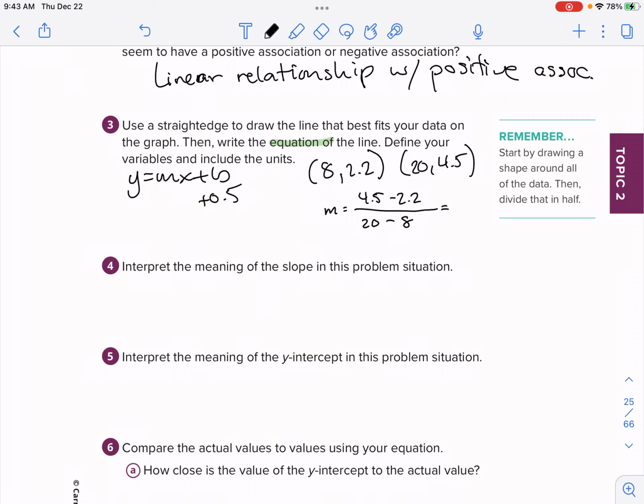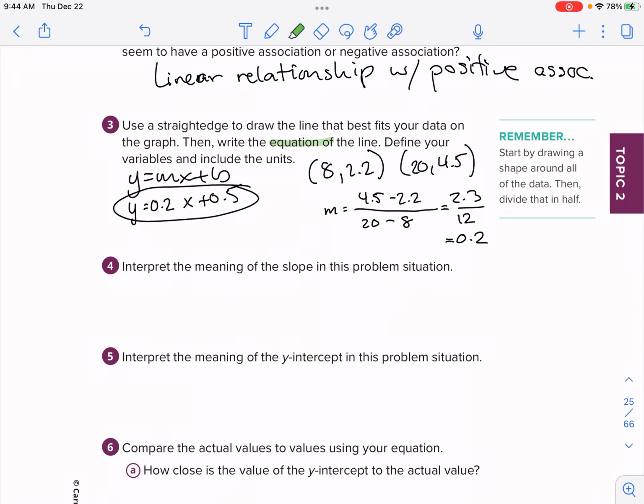If you subtract that, you'll get 2.3 divided by 12. I'm going to plug that into a calculator. 2.3 divided by 12 is 0.19, which is very close to 0.2. So that's the slope. We'll put y equal to 0.2x plus 0.5. That gives us the equation, and we'll do varying things with the equation.